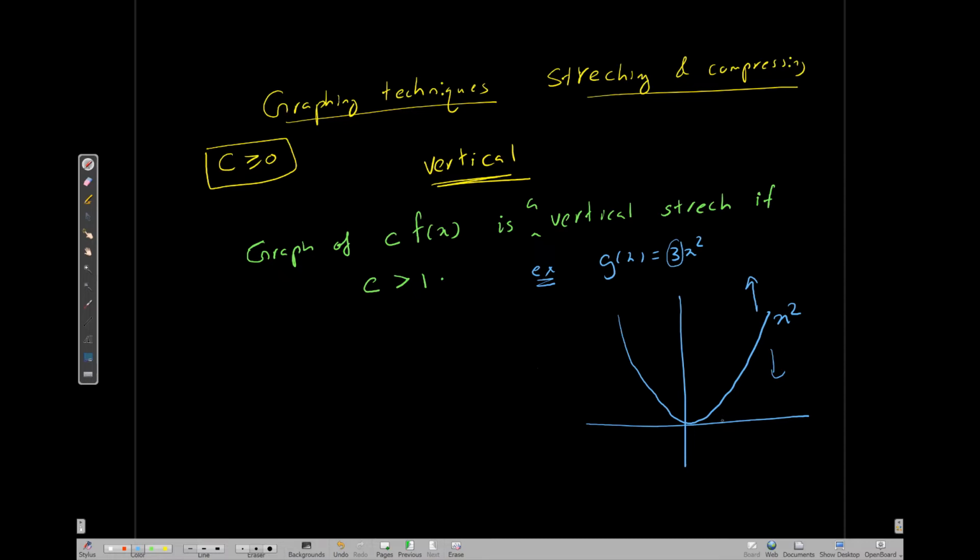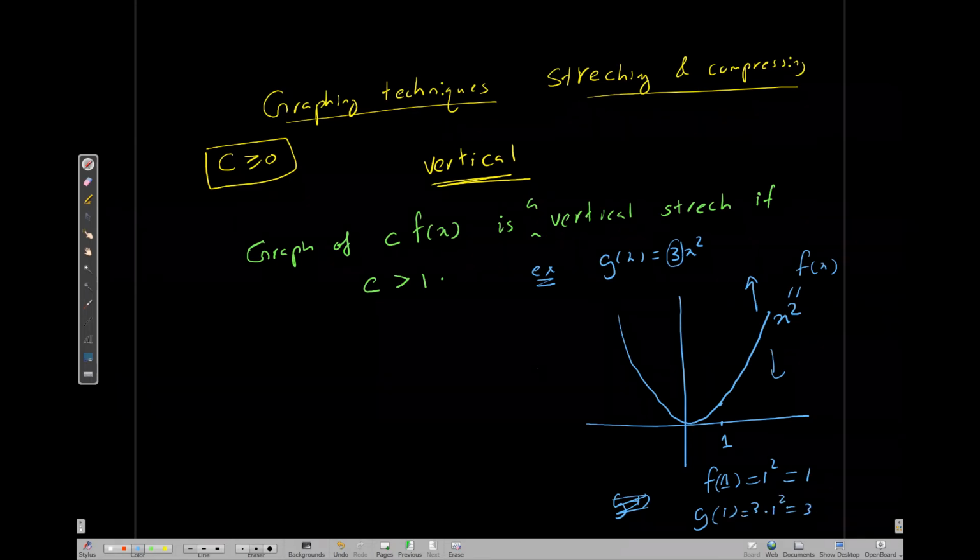Whatever happened at 1, let me call this guy f, f of x is x squared. So f of 1 is 1 squared, which is 1, right? But g of 1 is 3 times 1 squared, which is 3. So that value is stretched 3 times. Every single value on this graph will be multiplied by a factor of 3, so this will go somewhere here.